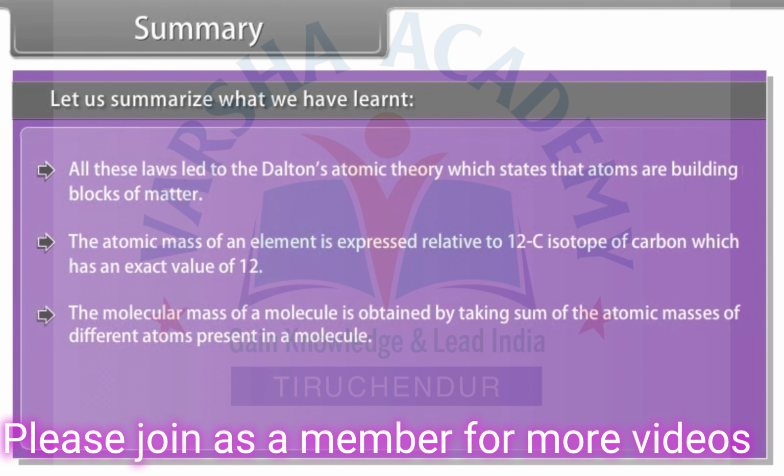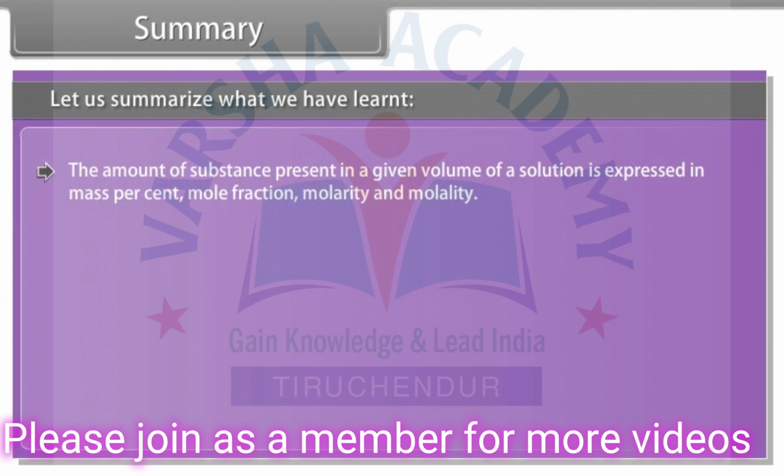The molecular mass of a molecule is obtained by taking the sum of the atomic masses of different atoms present in a molecule. The quantitative study of the reactants required or the products formed is called stoichiometry. The amount of substance present in a given volume of a solution is expressed in mass percent, mole fraction, molarity, and molality.